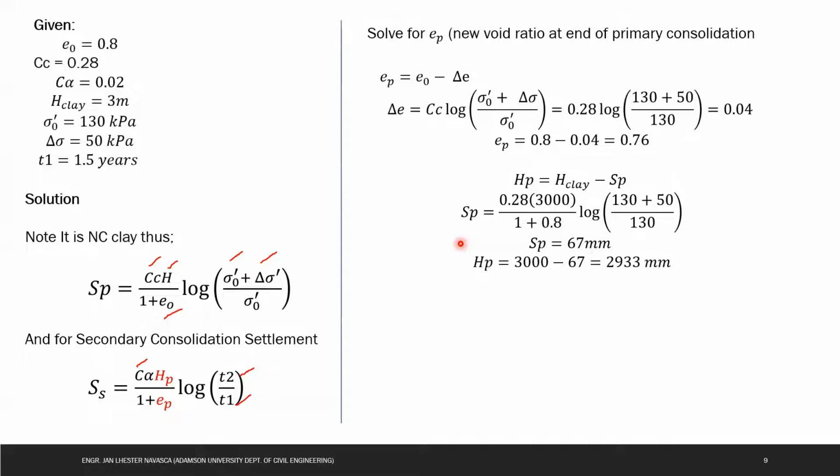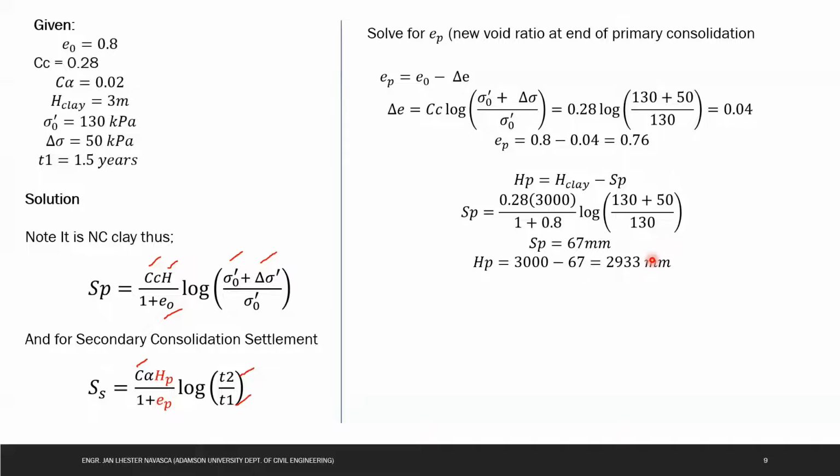This will be your H sub P, the new thickness of the clay layer after completion of the primary consolidation settlement.